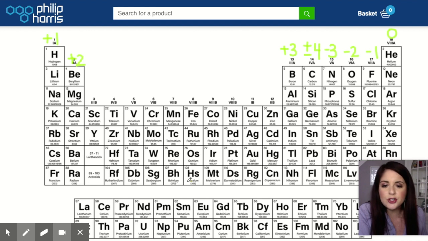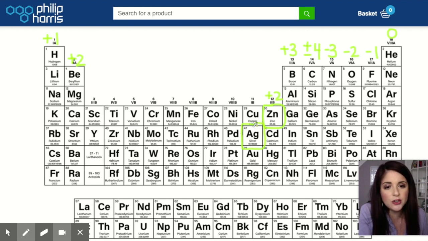Most of your transition metals in this section are going to have multiple charges. However, there's a couple that I can think of off the top of my head that have only one. One of those is zinc, and zinc only has one charge, which is +2. Another one that only has one charge is silver.